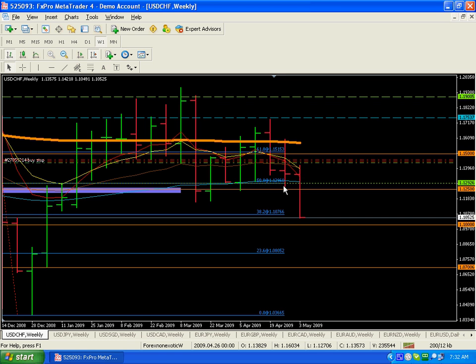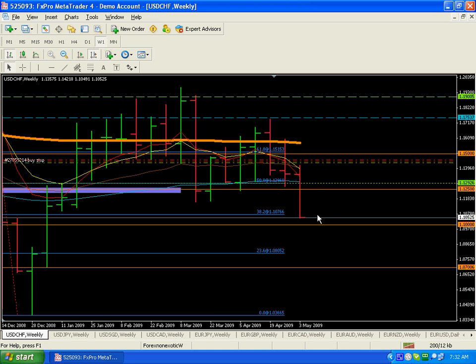If you took the bar like I gave the signal from the low of this bar, which was 1.1270, you could see what happened. The weekly, if you took it from 1.1270, the low of this one here, it's 1.1049, about 230 pips in profit.